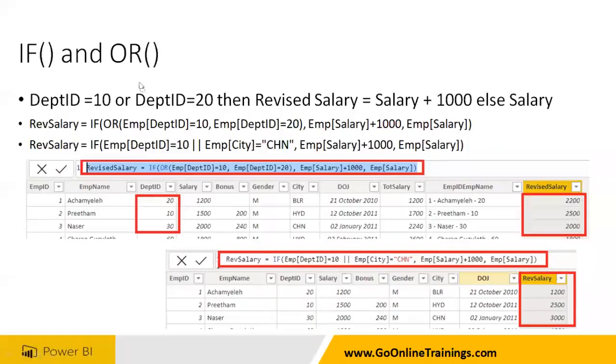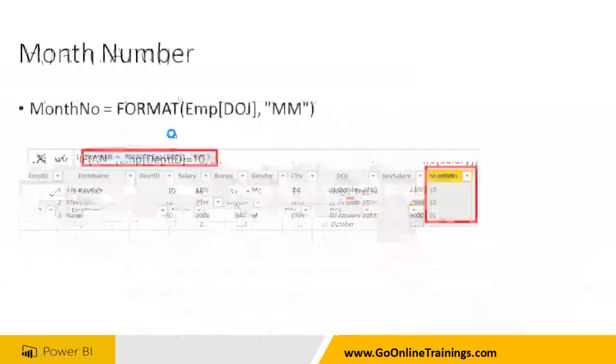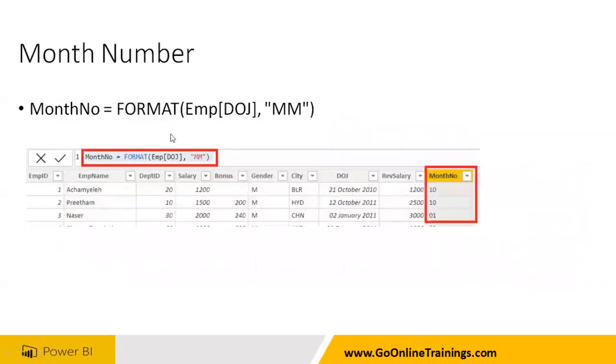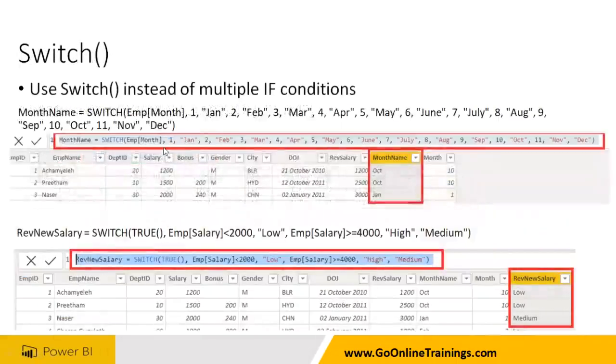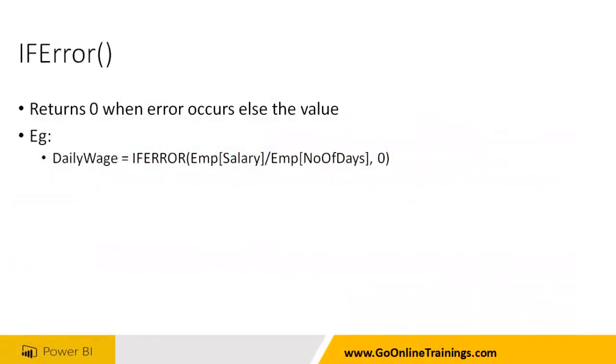IF with AND and OR, right? So revised salary, we have discussed this statement, right? So forget about it. Switch case also we discussed, and IN also we discussed. And IFERROR returns 0 when an error occurs, else it returns whatever value you get.